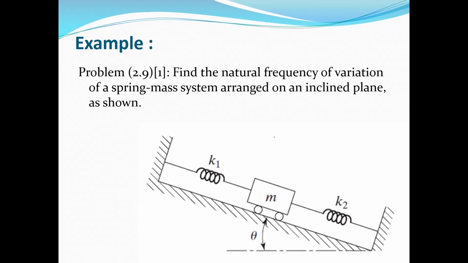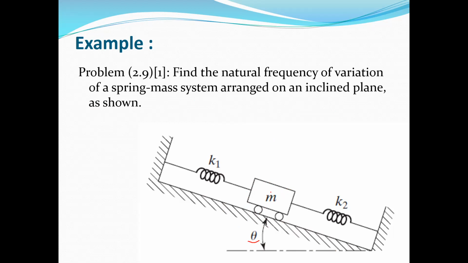For this system, you can see we have some initial deflection, because it's not a horizontal system and we have an angle theta. Definitely this mass m will create some initial deflection in springs K1 and K2.